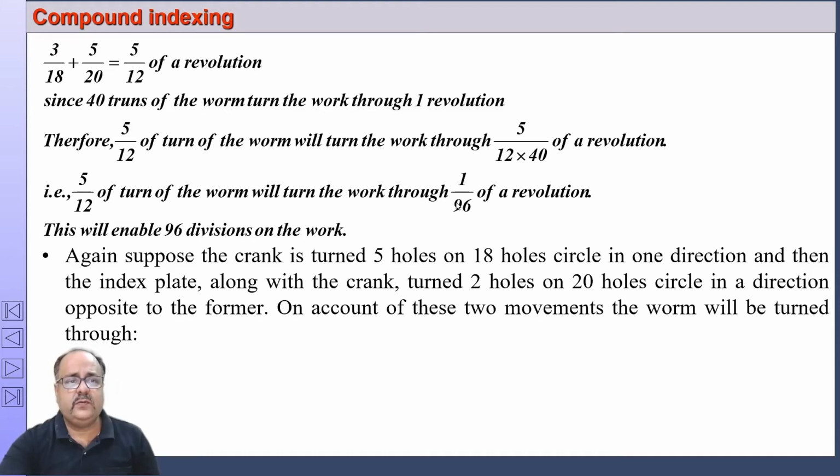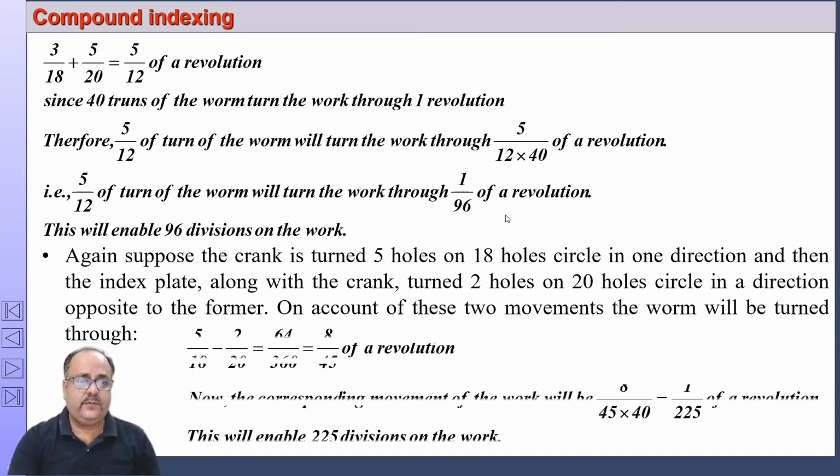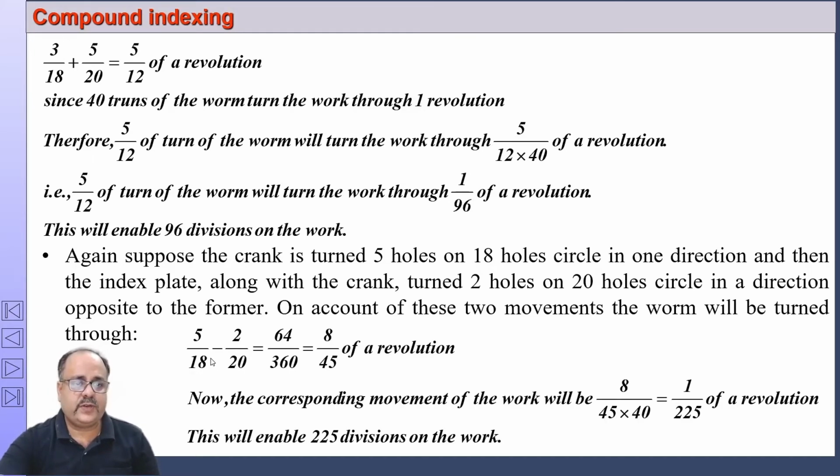That means if we give this compound movement, we can divide the workpiece in 96 divisions. Similarly, if we move in opposite direction, it will be subtracted. If you simplify, it comes out to 8 by 45, which multiplied by 45 by 40 will be 1 by 225. So 225 divisions are possible if we give this compound movement.